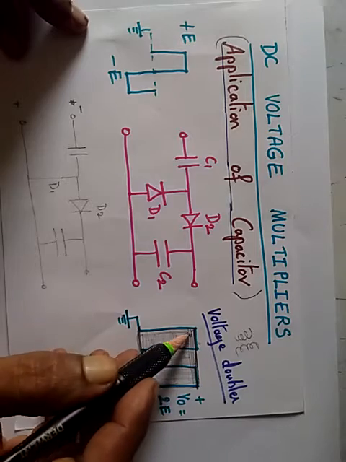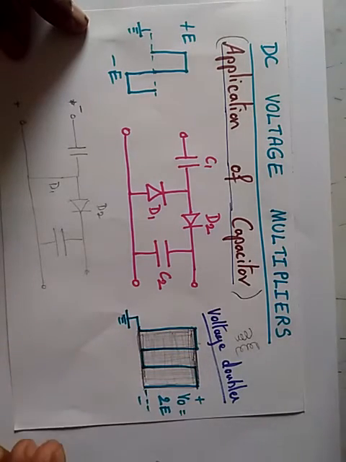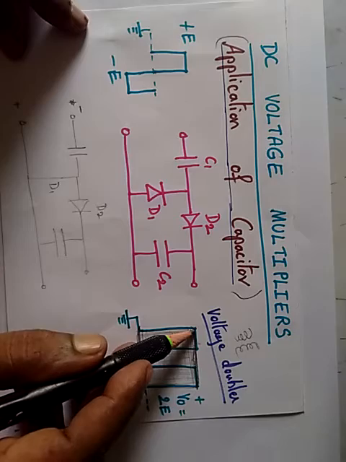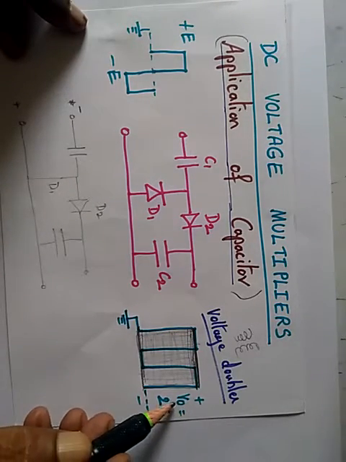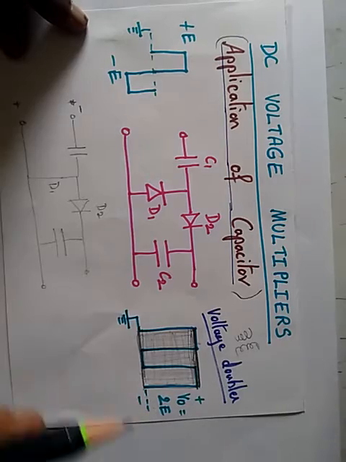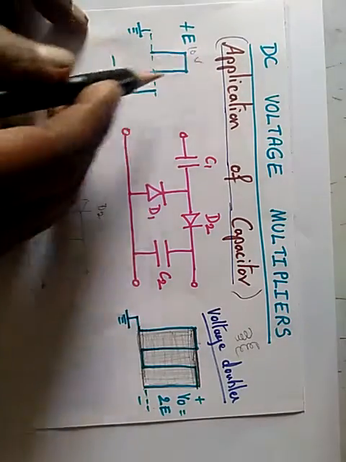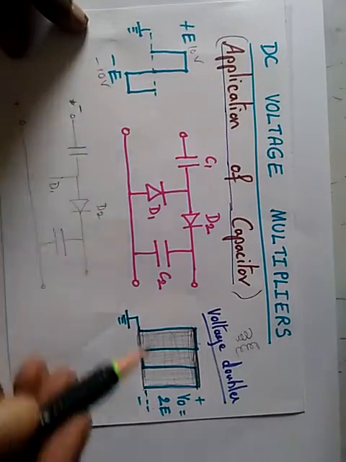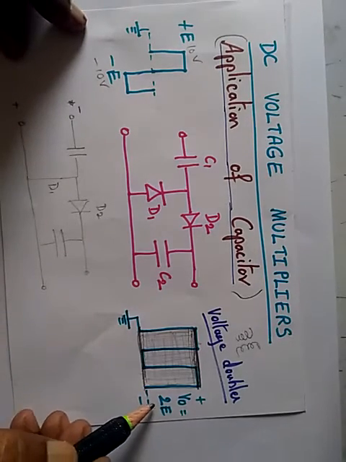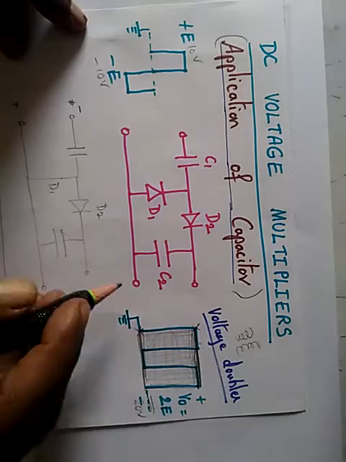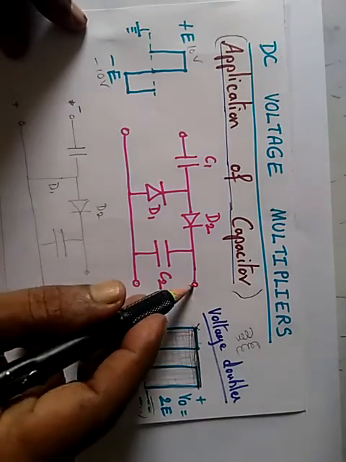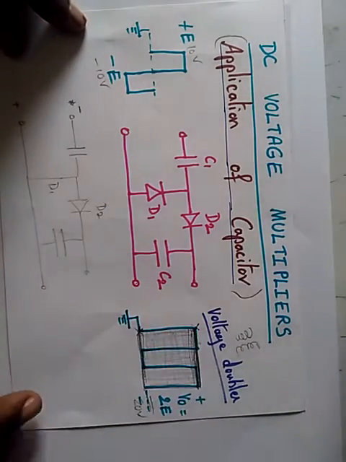You will get pure DC of output voltage equal to 2E. That means if this is 10 volts, this is minus 10 volts, here you will get 20 volts. With respect to ground, if you measure here, it will be 20.